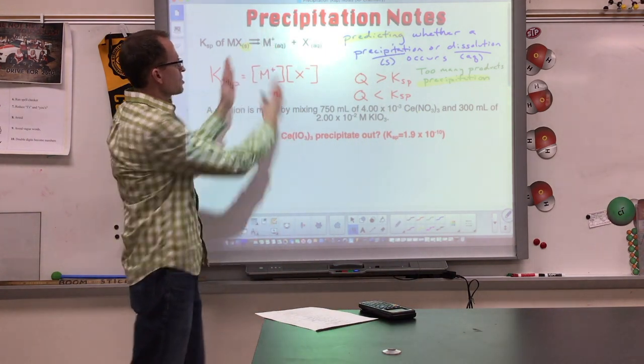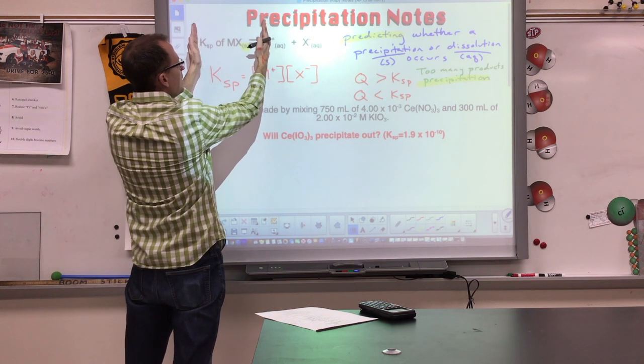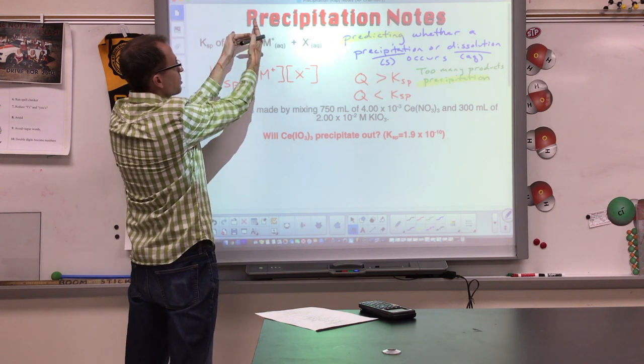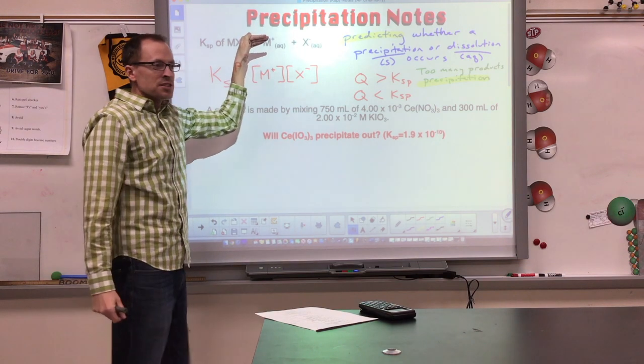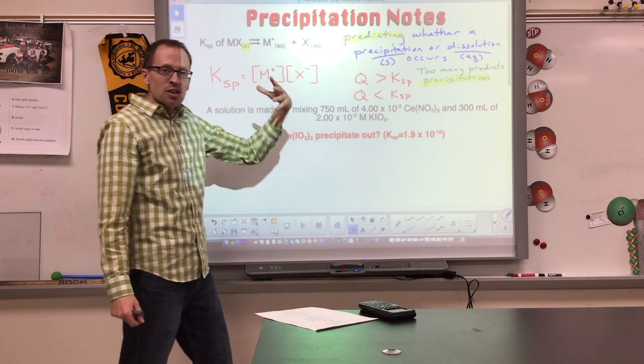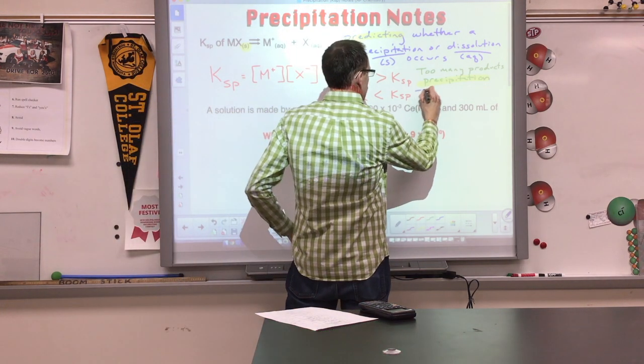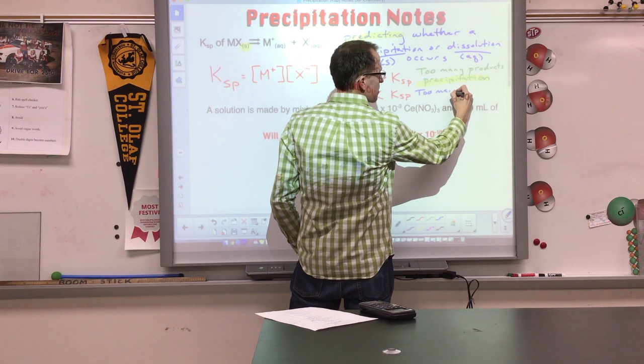If my Q is smaller than my K, it means I am going to be driving it more towards the products. If I drive it towards the products, I'm creating more ions, so initially I had too many reactants.